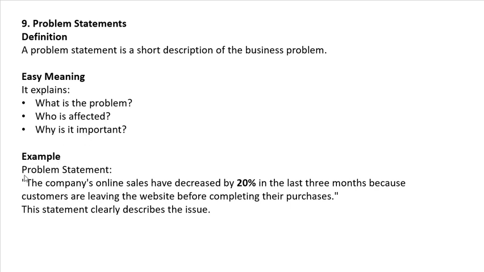For example: the company's online sales have decreased by 20 percent in the last 3 months because customers are leaving the website before completing the purchase. This statement clearly describes the issue.